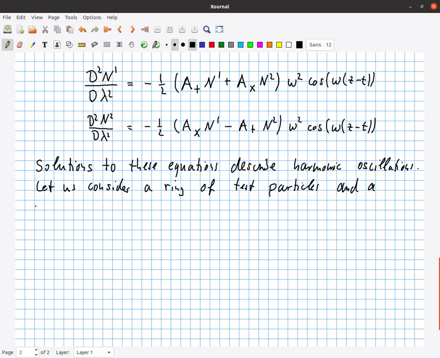and a gravitational wave passing through this ring.